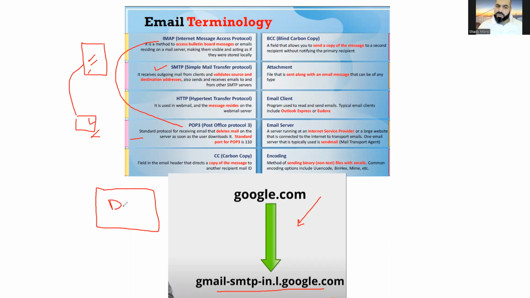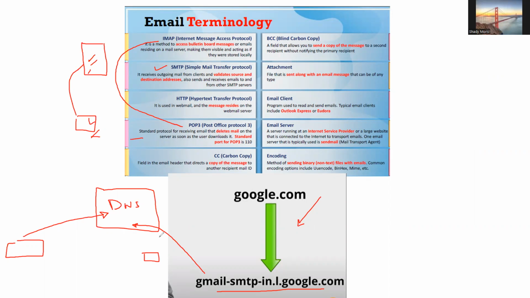So when you try to send an email to Gmail, at gmail.com, what will happen is your DNS server will go and want an IP address for the mail server of Gmail. So it will ask the DNS, what is the MX record? What is the mail server record for Gmail? So this is where it's going to be. This is the MX record.